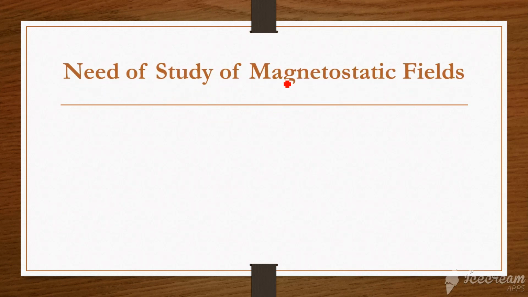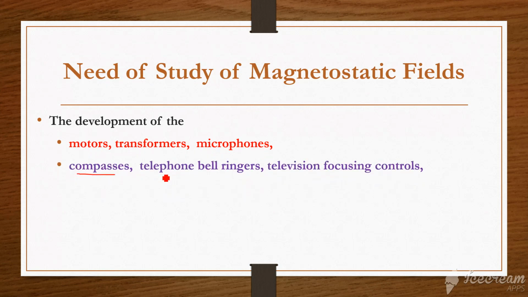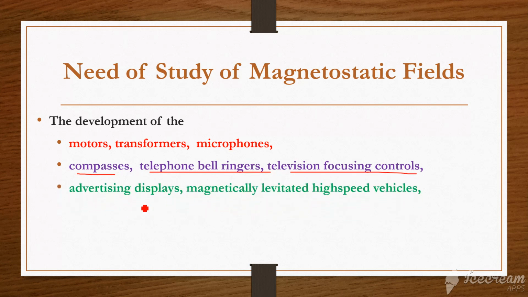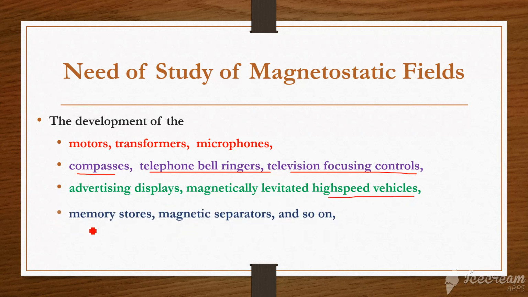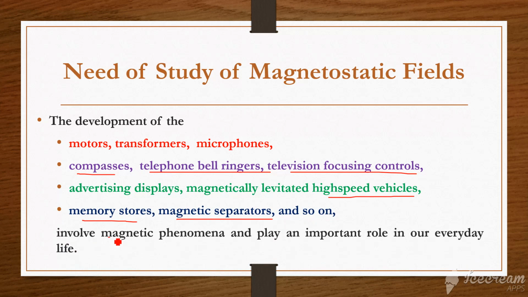Now, the need to study the magnetostatic field: the development of motors, transformers, microphones, compasses, telephone bell ringers, television focusing control, advertising displays, magnetically levitated high speed vehicles, memory storage, magnetic separators, and so on involve magnetic phenomena and play an important role in our everyday life. While developing or designing all this equipment that we use in day-to-day life, we need to know the basic concepts of the magnetostatic field.